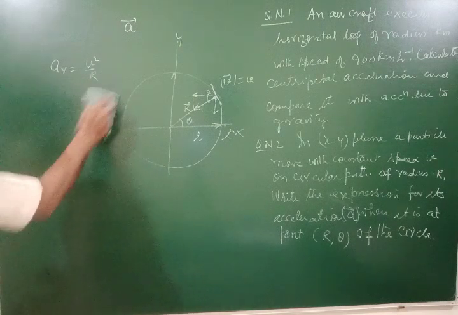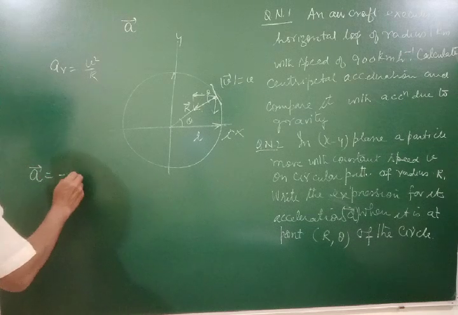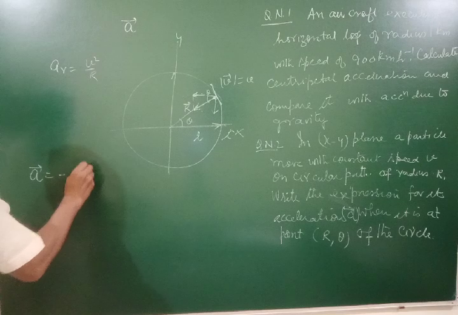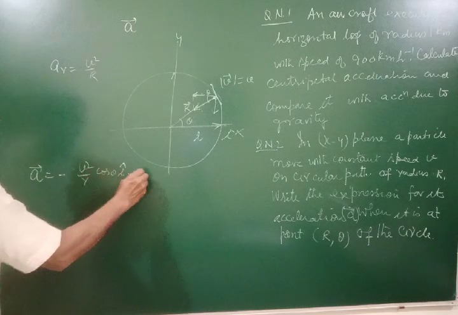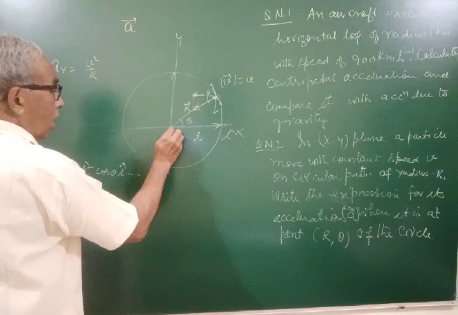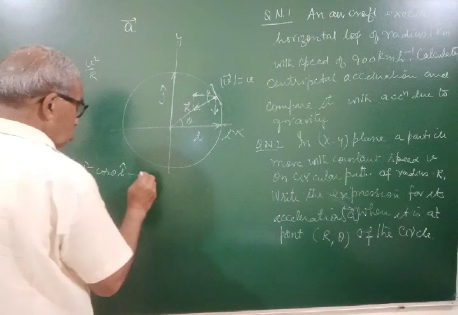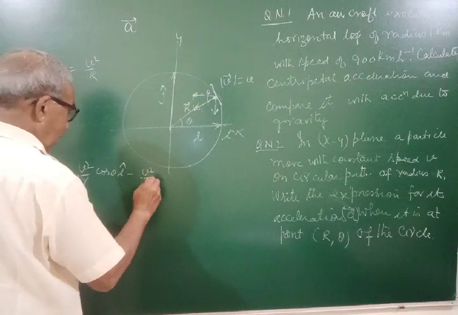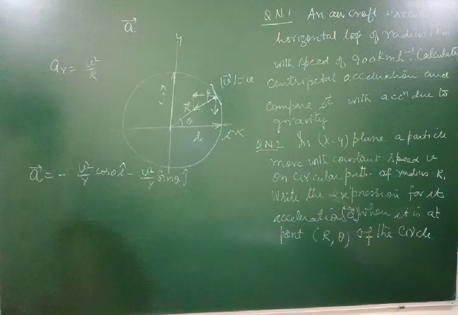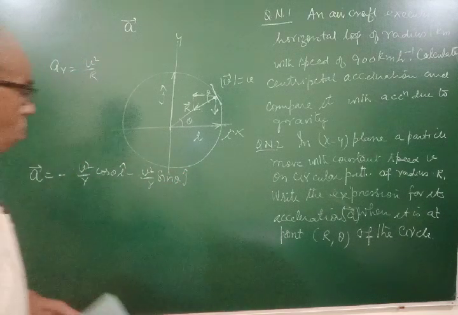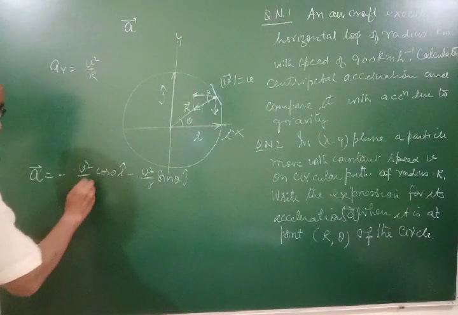Let me write in the next line. Vector a is equal to minus v square by r cos theta i cap minus v square by r sin theta j cap, because positive j is this direction and this one is downward. So you can be asked like this. Sorry, capital R here.